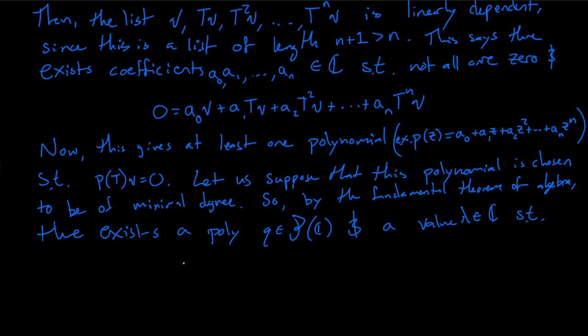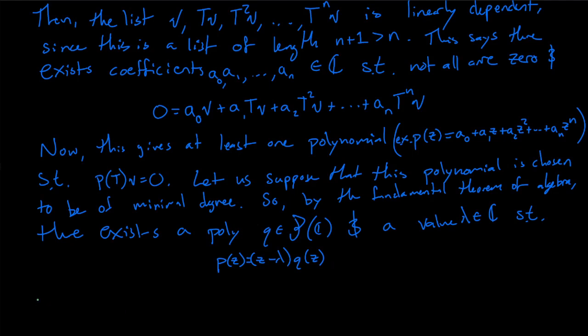Okay, and so what this says is that you can write p of z as z minus lambda times q of z, with, well, I guess I should say with q of z non-zero, but that's relatively straightforwardly implied by p being non-zero.